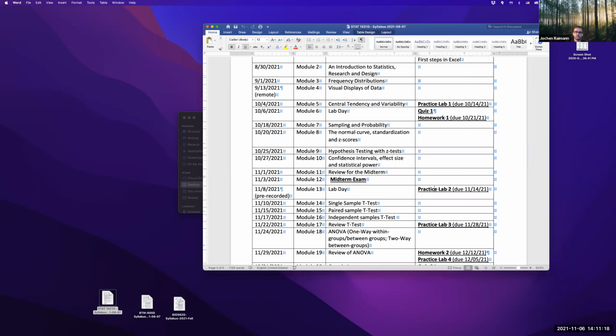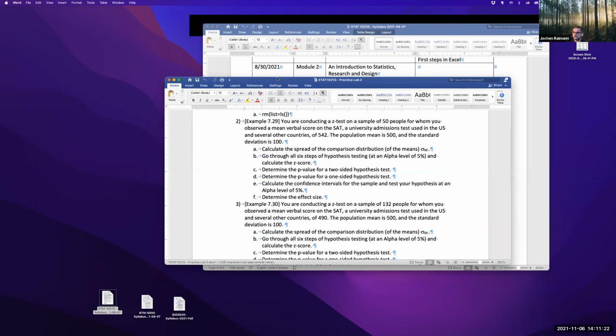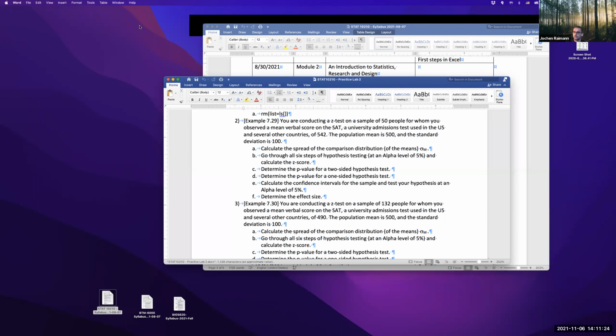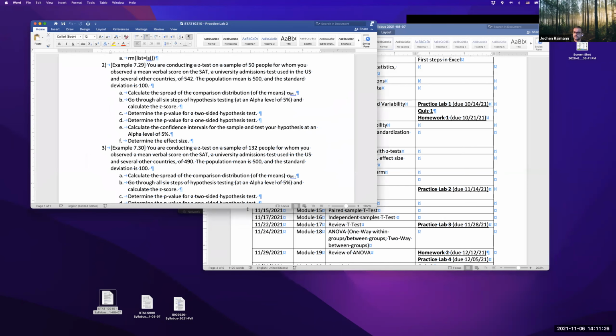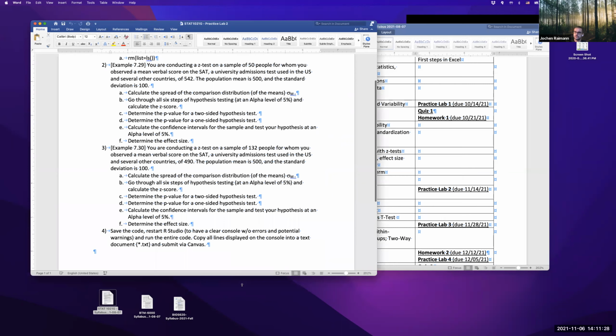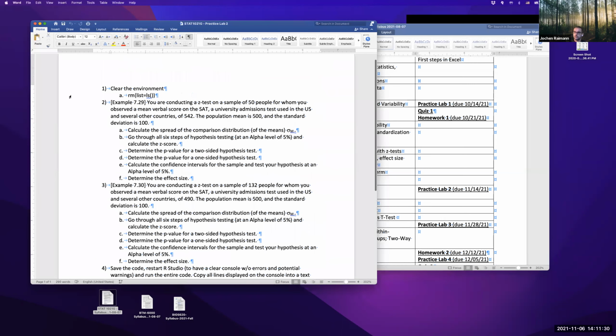So you have the examples on Canvas. The examples are essentially listed also here. Ignore the R part. So example number 1, we will not do R. This is because that particular lab is not necessarily benefiting from R to the fullest.